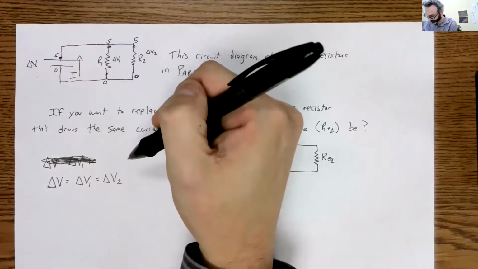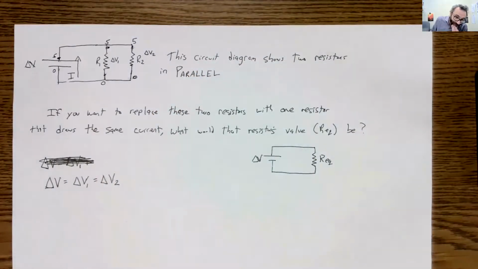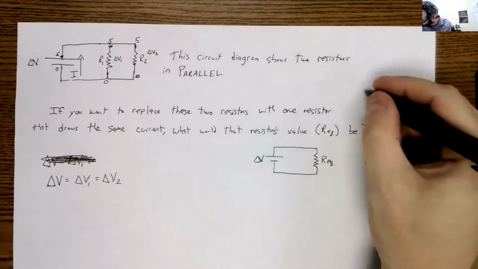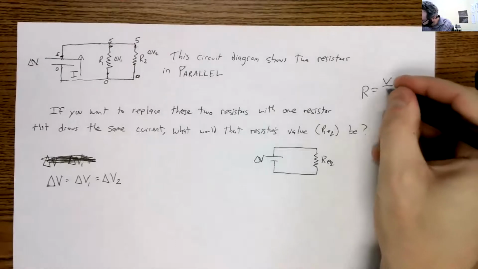But okay then, so say our resistors are different, like they have different resistances. Yep. So does that mean that the current changes after that then? Yeah, exactly. The current has to be different. And you can tell that right away just from looking at R equals delta V over I, right?